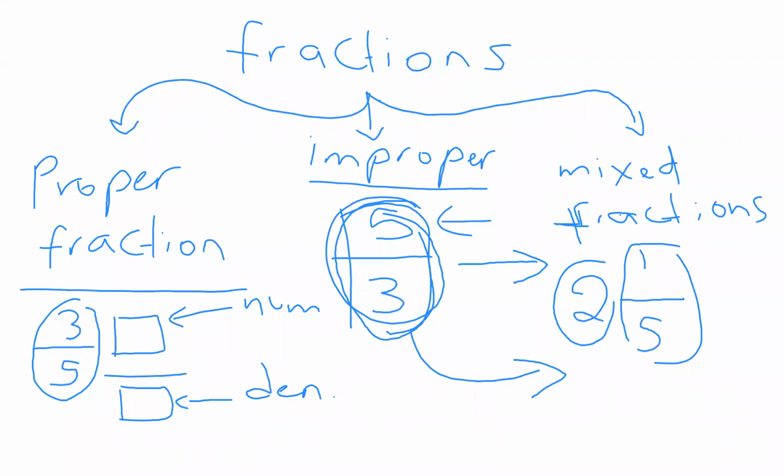So the proper fraction, the right form, has the numerator less than the denominator. While the improper, the abnormal case, is when the numerator is bigger than the denominator, and we directly put it as a mixed number to make it a right form.